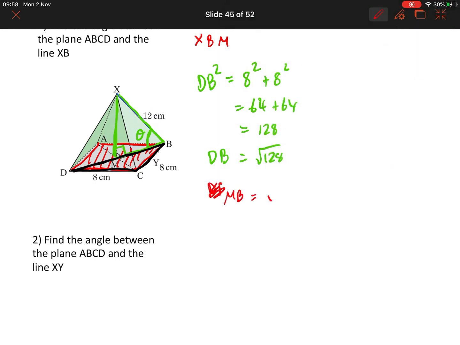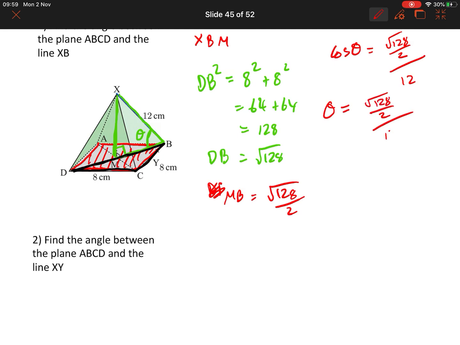So MB is half of that, root 128 over 2. Now we know the hypotenuse and we know the adjacent, so it's a cosine. So the cosine of my angle is equal to root 128 over 2 divided by my hypotenuse, which is 12.